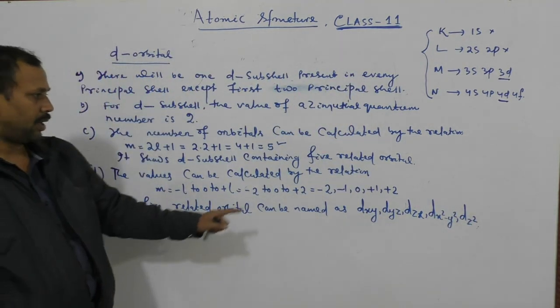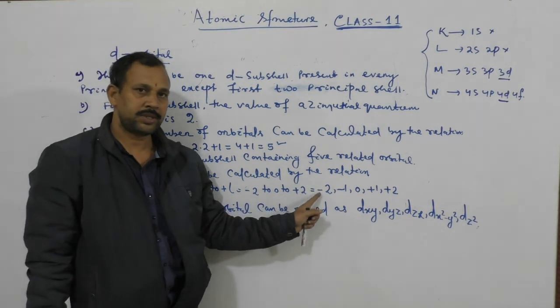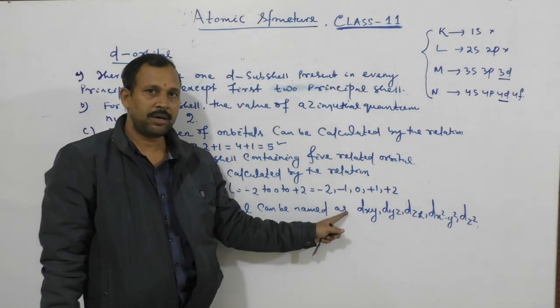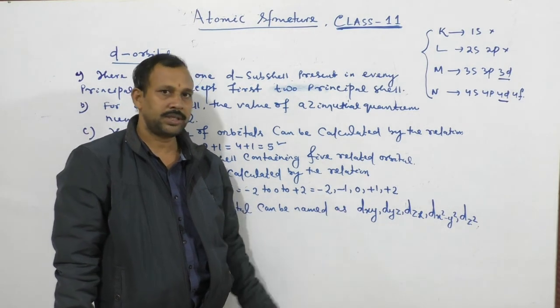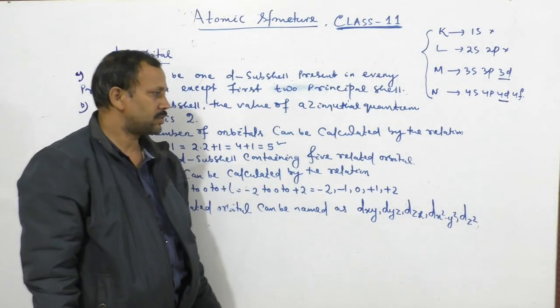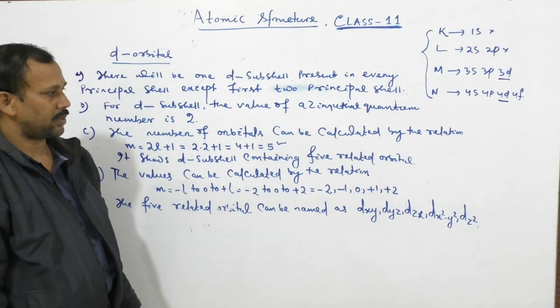Now the 5 values show the d subshell containing 5 related orbitals, which are named dxy, dyz, dzx, dx square minus y square and dz square.